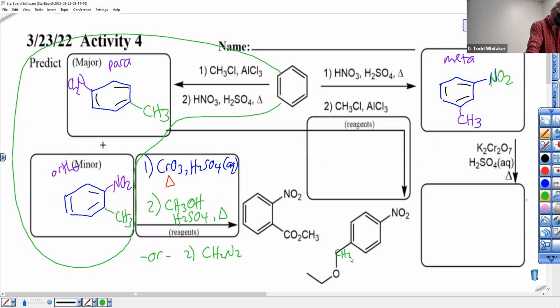If I can somehow get rid of the H and put a halogen there, then it's SN2 time. Whenever you see an ether, you should be thinking of the Williamson ether synthesis, which is just SN2. RO minus attacks a carbon with a halogen on it. SN2. Can we get the halogen on the benzylic position? We did that earlier today.